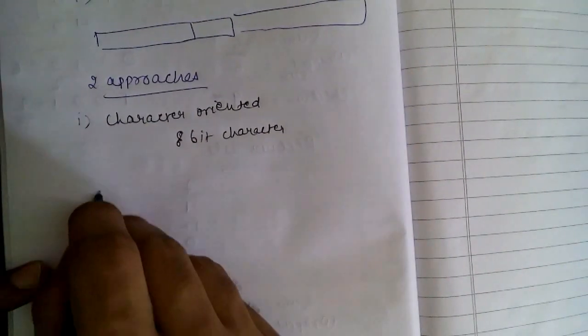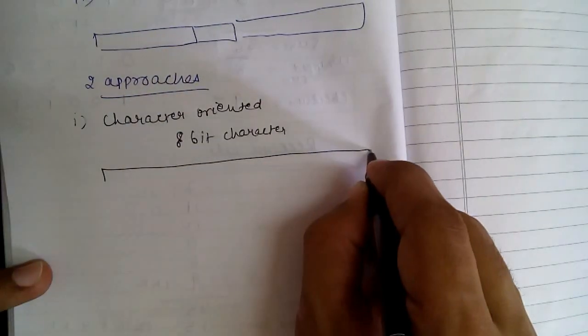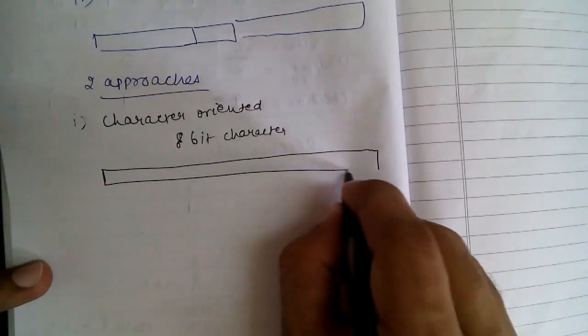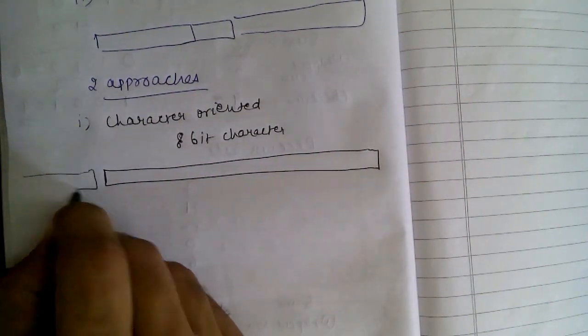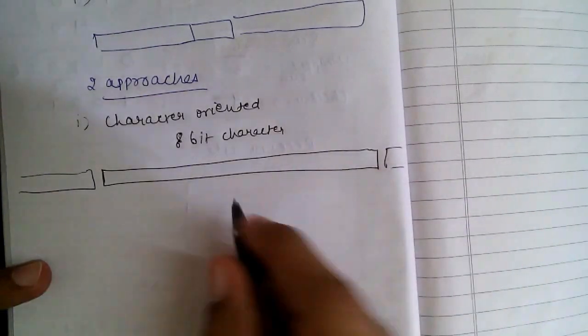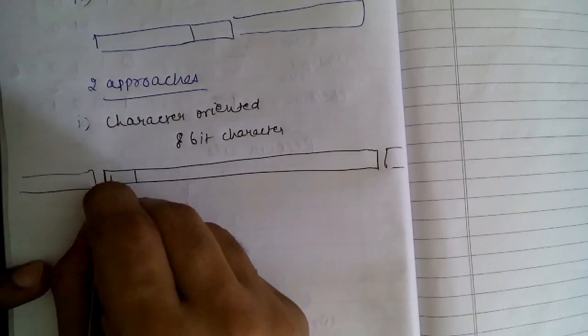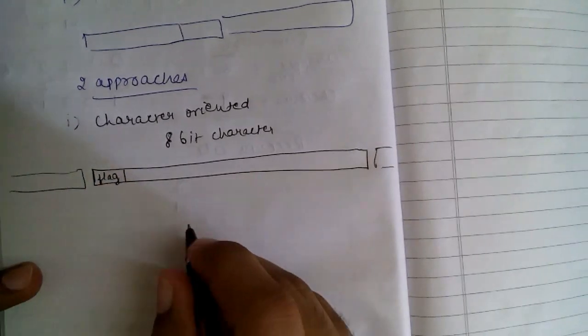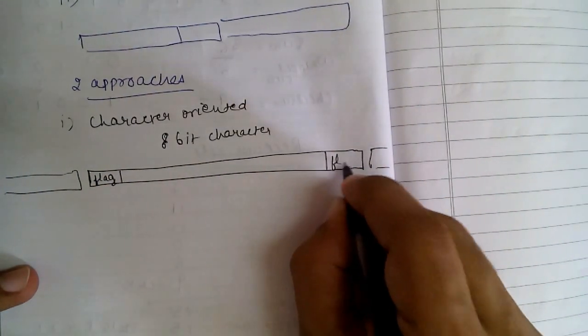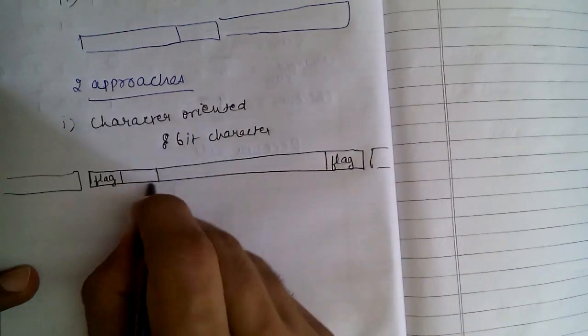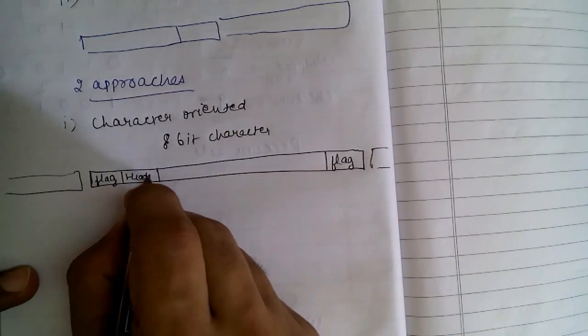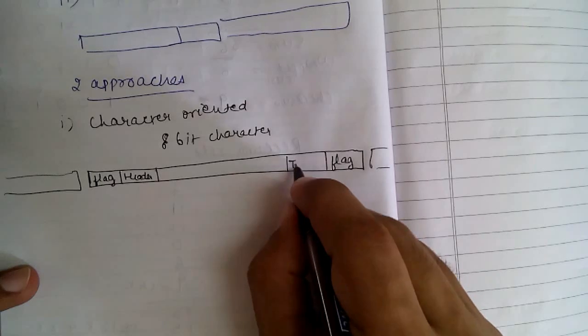See, this is our frame, and there are other frames before this and after this. So to differentiate it, we add a flag in the start and one in the end. There can be a header which contains some information and a trailer.